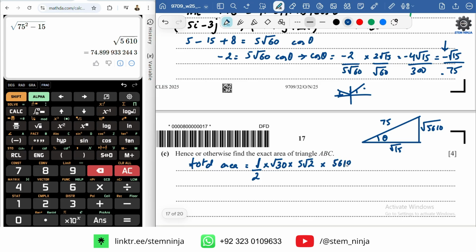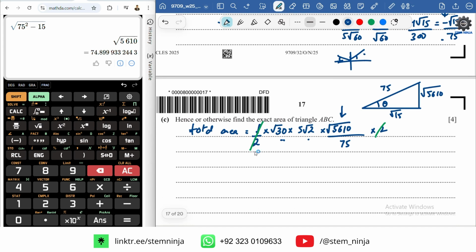So root 5610 over 75 and then times by 2 because the values of the sine ratio and these two sides would be the same. So half times by 2 basically is just 1, and 30 times by 2 is 60.